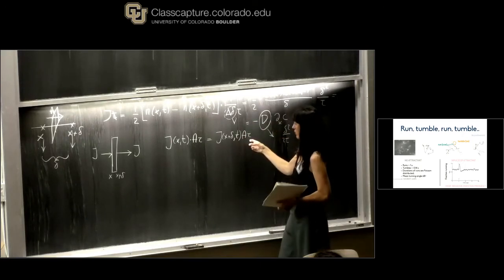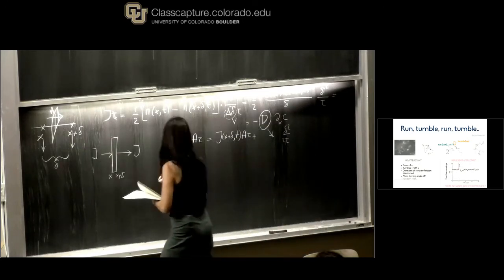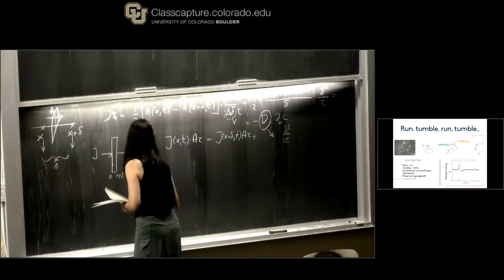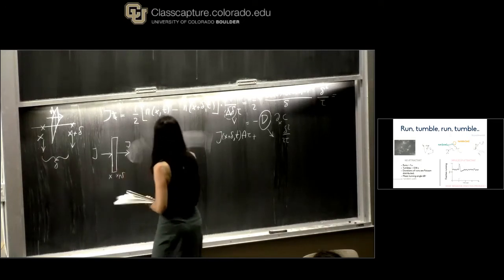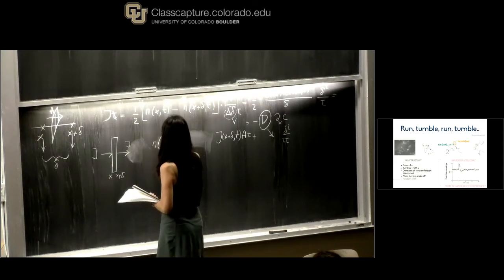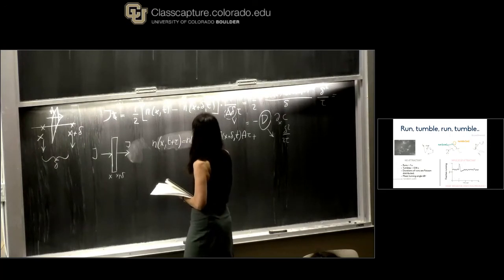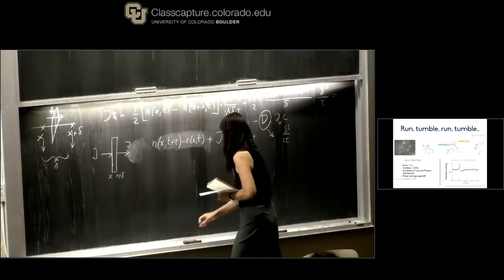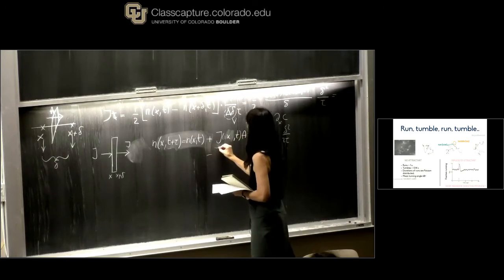And then there is what? Sorry, let's do it this way. So the number here is the number at the previous time, plus whatever enters, which is what comes from x, and minus whatever exits, which is here.